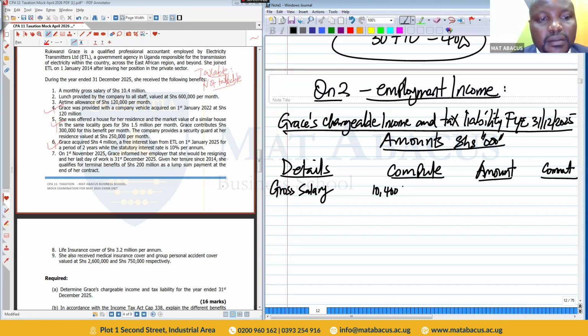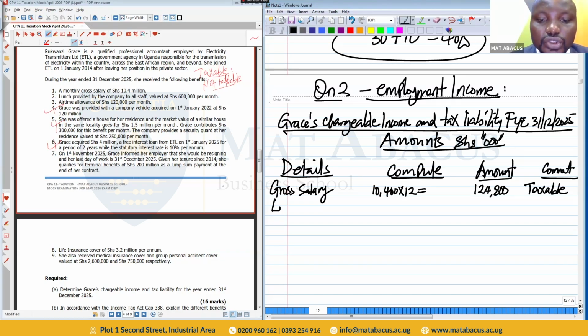Since it is for the month, we multiply by 12 to get how much is annually. So it means we will get 10,400 times 12, which would be 124,800. And for this we will have a comment and say it is taxable.